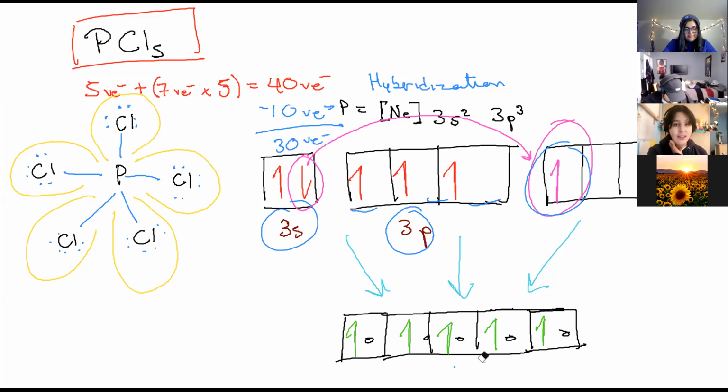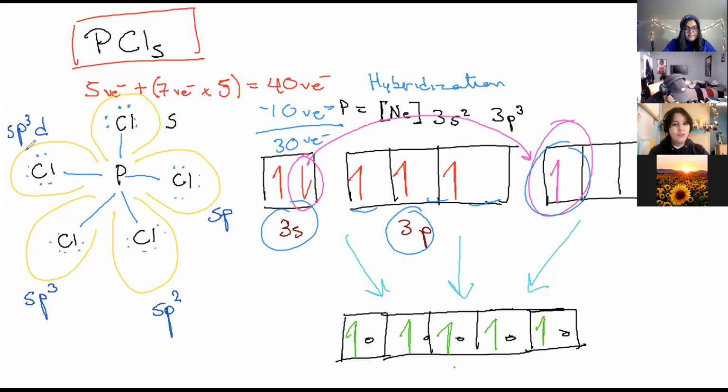You start with s, then sp, sp2, sp3, and then sp3d, because you already used up all your p orbitals. Now you're going over to the d orbitals. That's crazy.